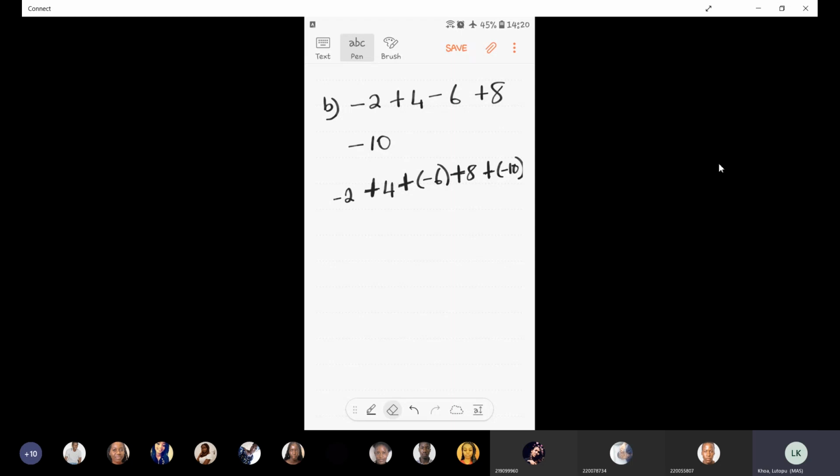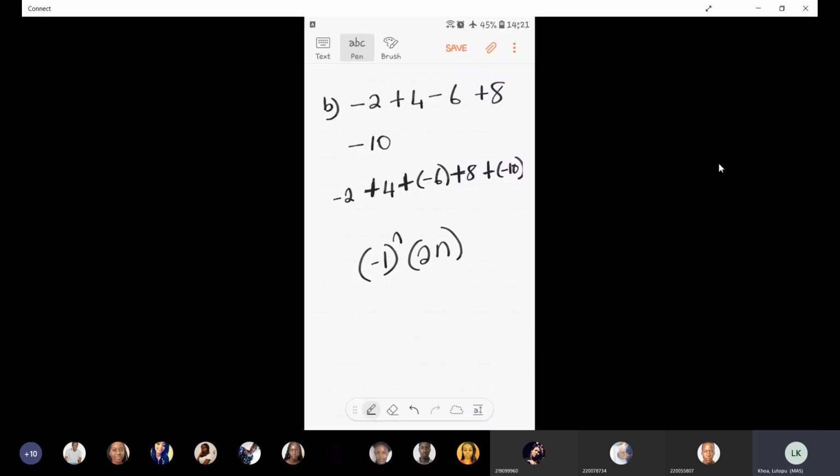What was always present was -1 to the power of n. So here, if I wanted to rewrite this as a formula for the nth term, I would say -1 to the power of n multiplied by 2 to the power of n.